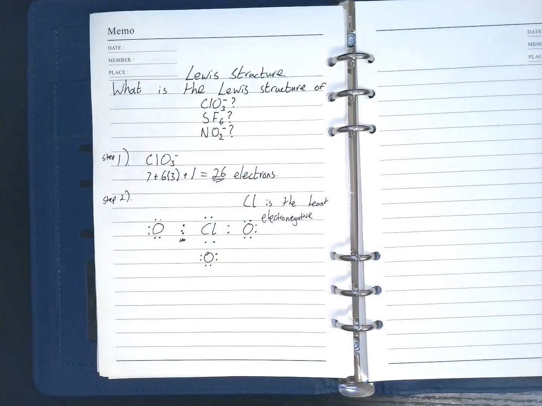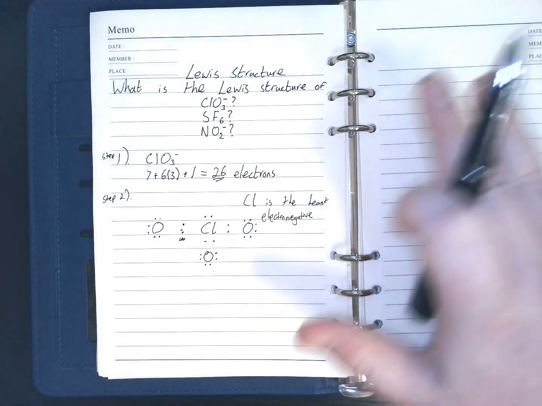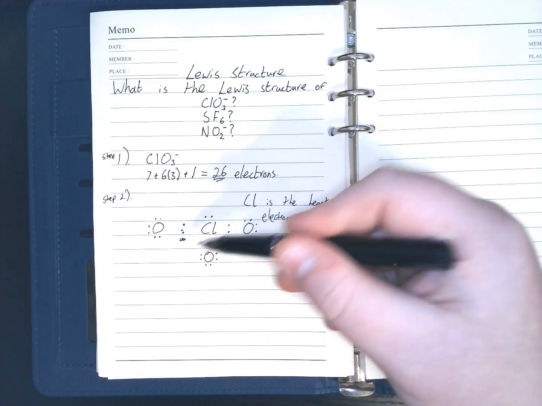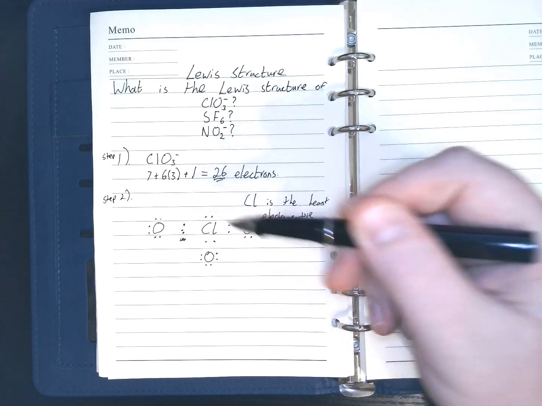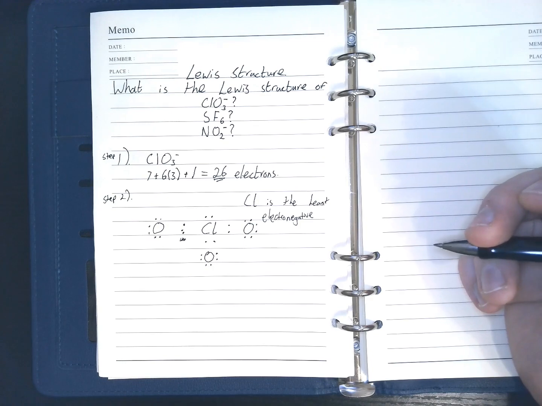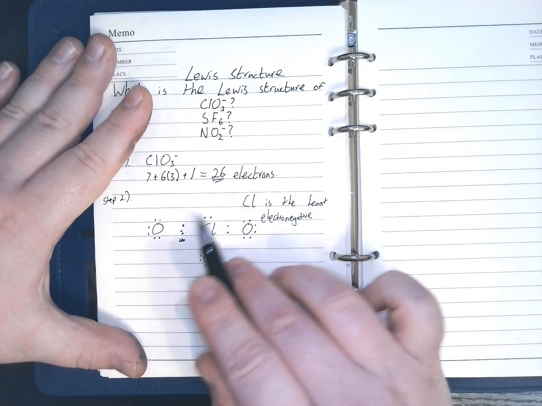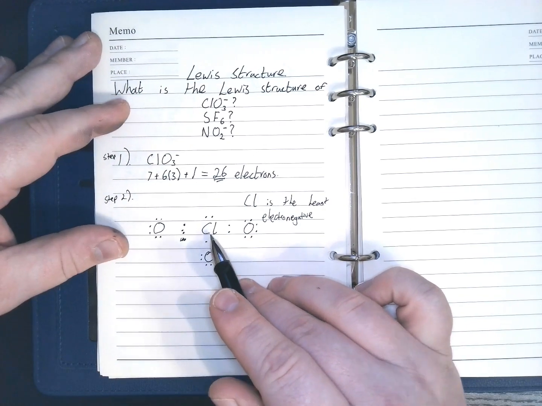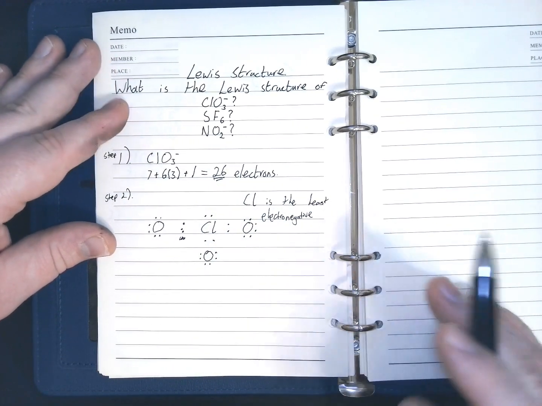Now, this one is okay, this one has 8, but sometimes there are some elements that have more than 8. This is okay if it's in the center, we can have more than 8. It does follow our orbital rules, so in the center, don't worry if you sometimes have even 10, as we'll see later with SF6.